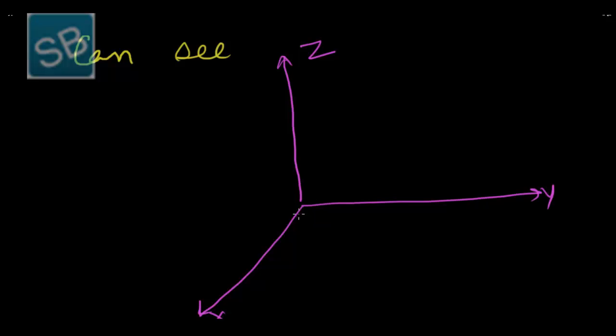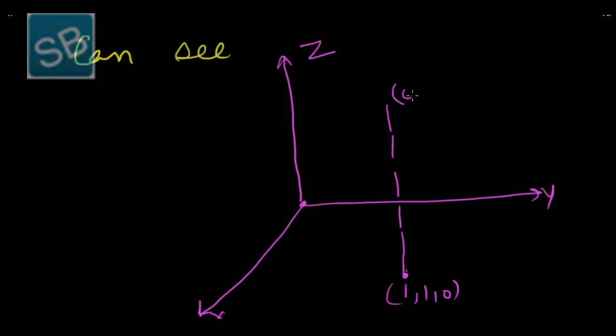So we have the origin, and we have coordinate A as 1, 1, 0. That is in the x and y plane. So A is lying here, 1, 1, 0. Now take the point C, that is 0, 1, 1.